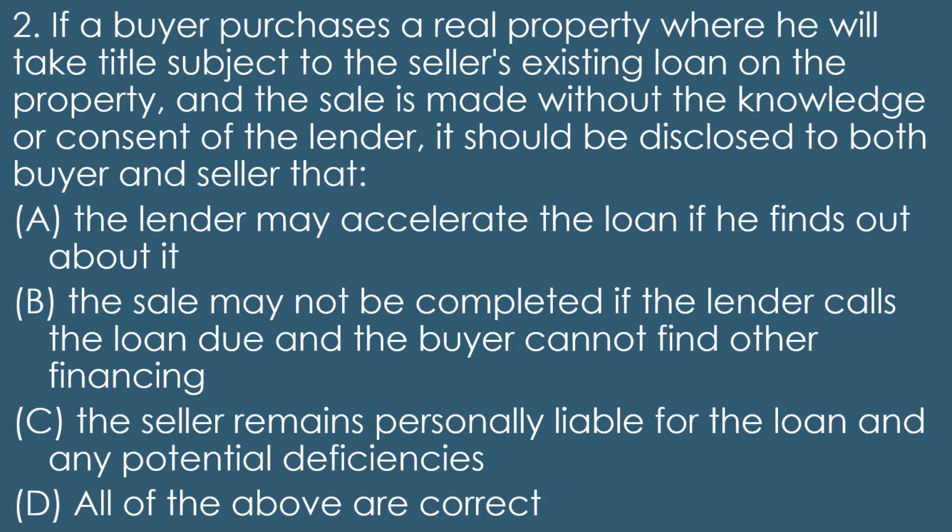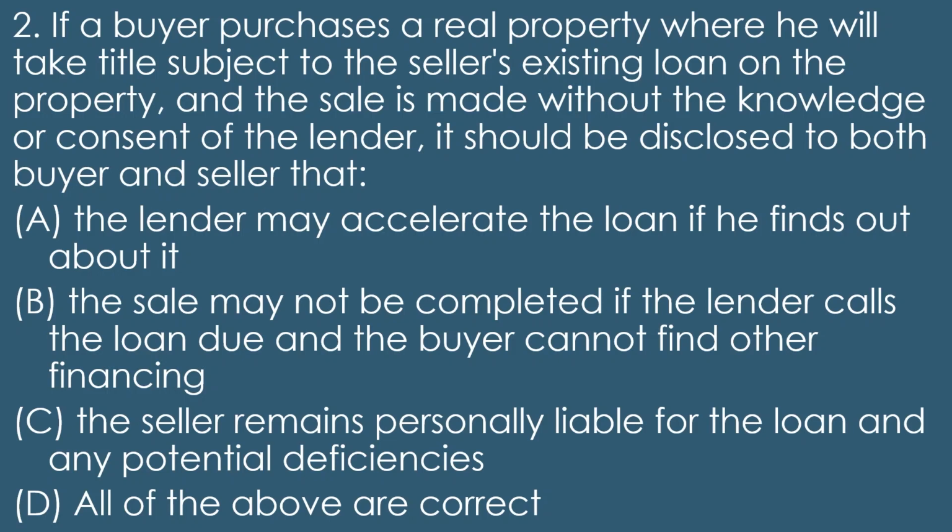Now, what needs to be disclosed to both the buyer and seller when a subject to loan is going to be happening? Well, let's look at the first answer option. The lender may accelerate the loan if he finds out about it. Definitely. As you know, there is an acceleration clause, and within that clause, a loan becomes due and payable upon the happening of a certain event. A lot of the times, it's alienation, due on sale, when the property is conveyed.